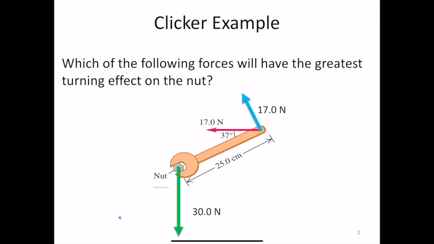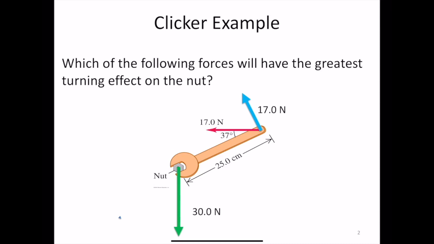Okay, now let's start with a simple example. Suppose you have to turn the nut shown here using the wrench, right? And let's say that you have to turn this nut, your life depends on it. I allow you to choose between three different forces that you can apply, not necessarily on the wrench. One of them is the large force indicated by the green arrow, that acts on the nut.